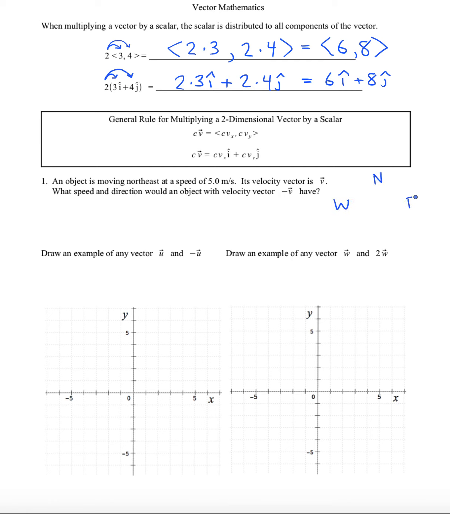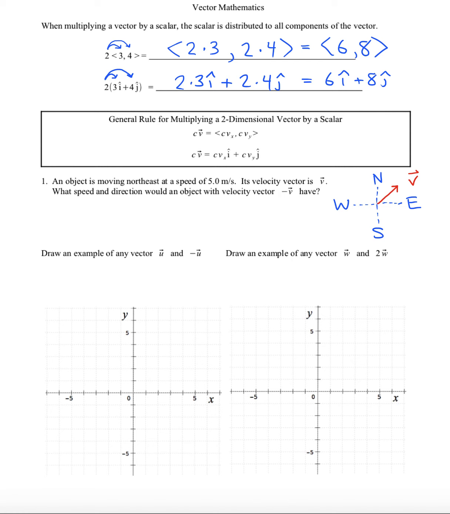Our directions are north, south, west, and east. Now we can make a coordinate system out of this. And northeast at 5 meters per second would be this vector here. We'll call that vector v.